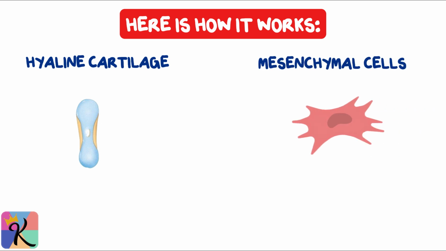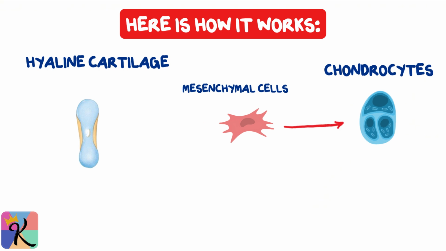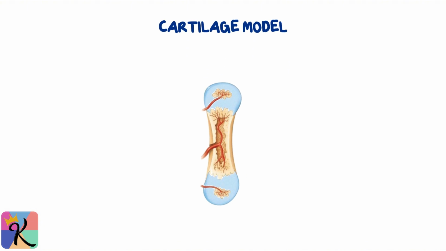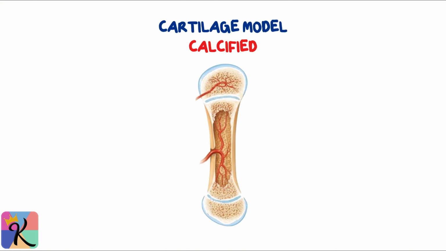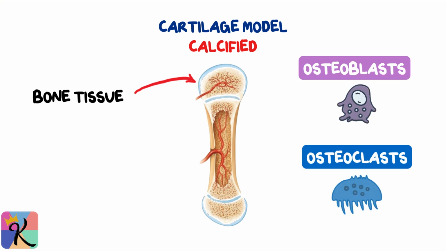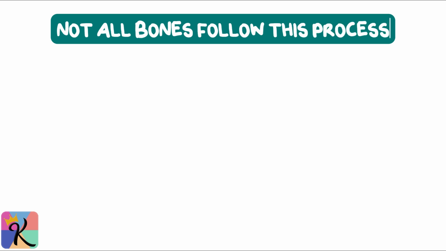Mesenchymal cells, which are multipotent stem cells, differentiate into chondrocytes, forming a cartilaginous model of the future bone. This cartilage model gradually becomes calcified, and then bone tissue replaces the cartilage through the coordinated activity of osteoblasts and osteoclasts.